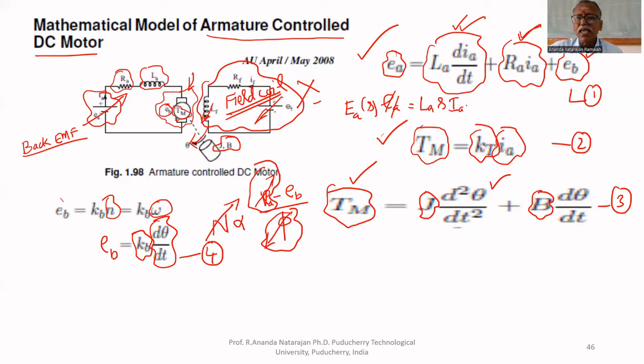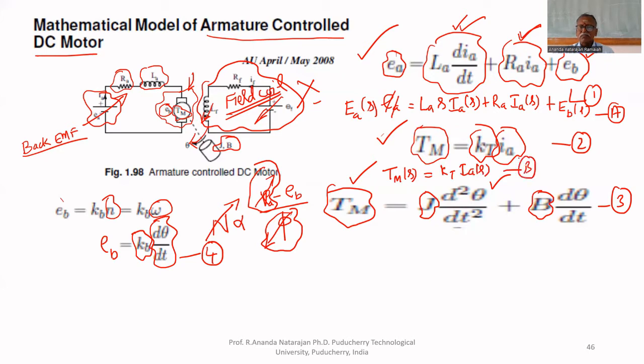EA of S equals LAS IA of S plus RA IA of S plus EB of S. That is also a variable. This is equation A in the frequency domain. Tm of S equals KT IA of S. This is the second equation, B.